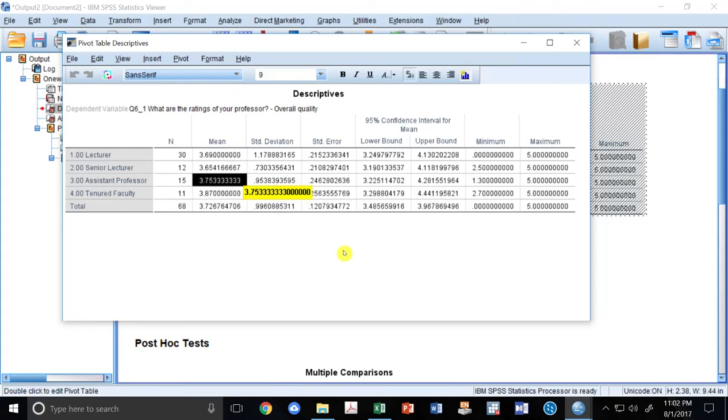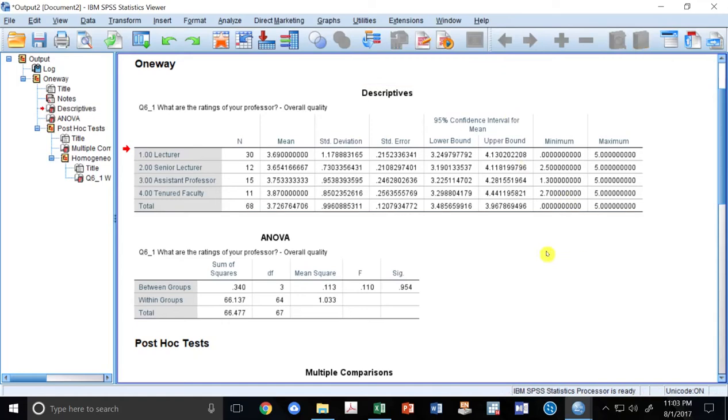But it's very subtle, right? It's not very much more than assistant professors, not very much more than senior lecturers, and not much more than lecturers. And when we also take into consideration the standard deviation, that's another issue that would lead me to possibly conclude that this might not be a significant difference. But the ANOVA will tell us if that's the case.